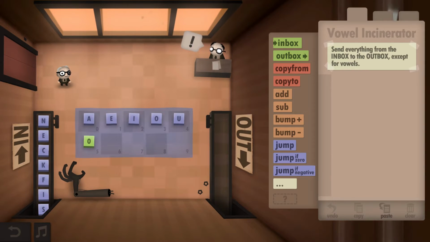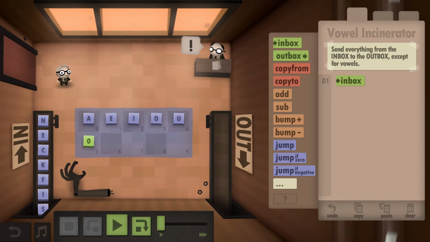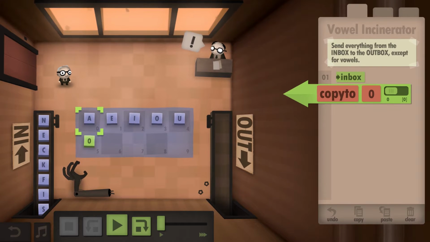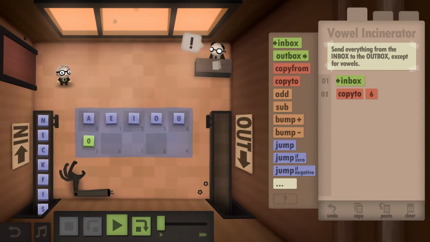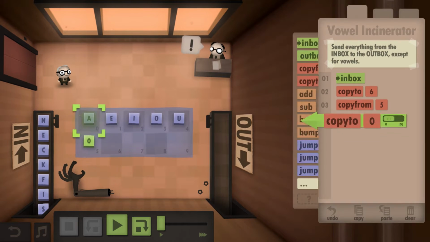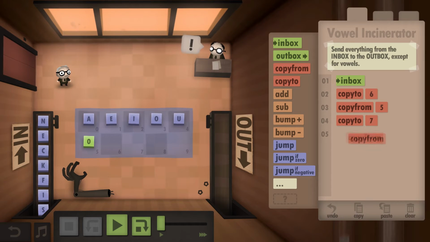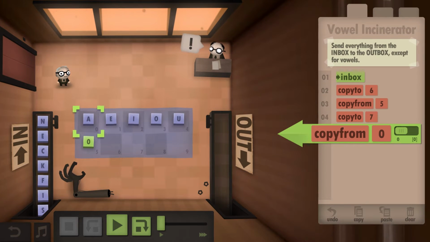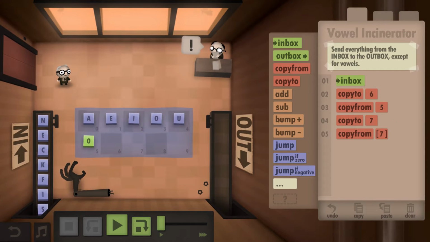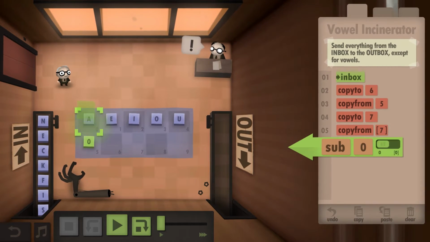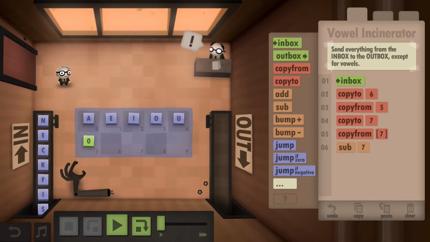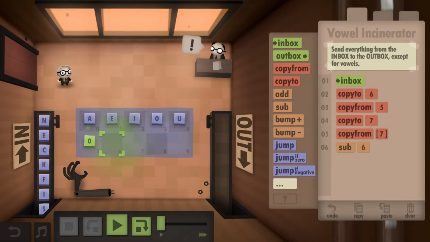That's weird. Alright, so we need the inbox. We are going to copy that letter to there. We need to copy that to there. And now we need to copy from that location. We need to subtract that. Wait, that's not where the letter's stored. Letter's stored there.